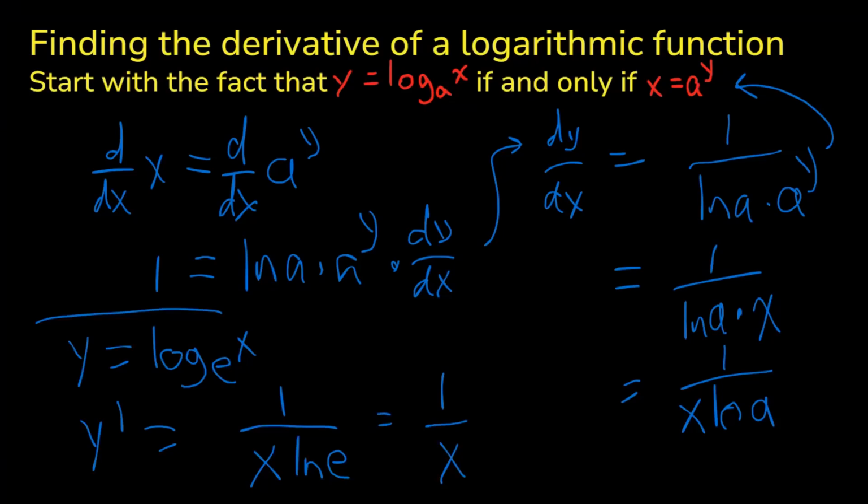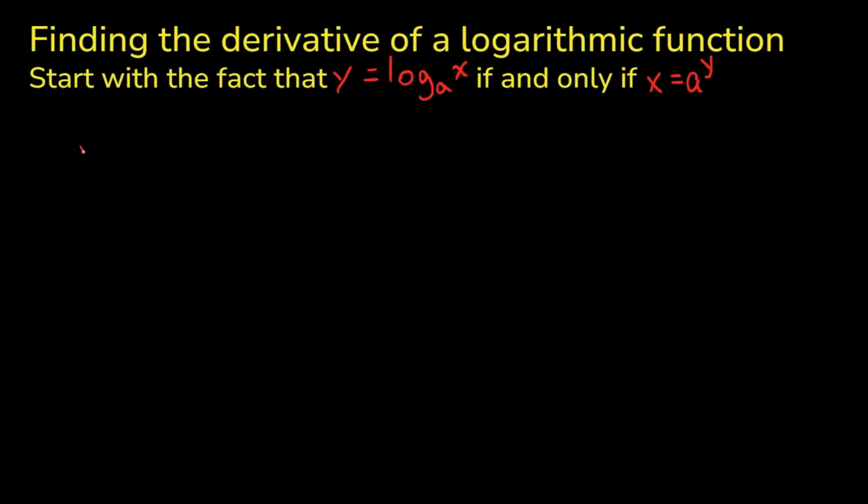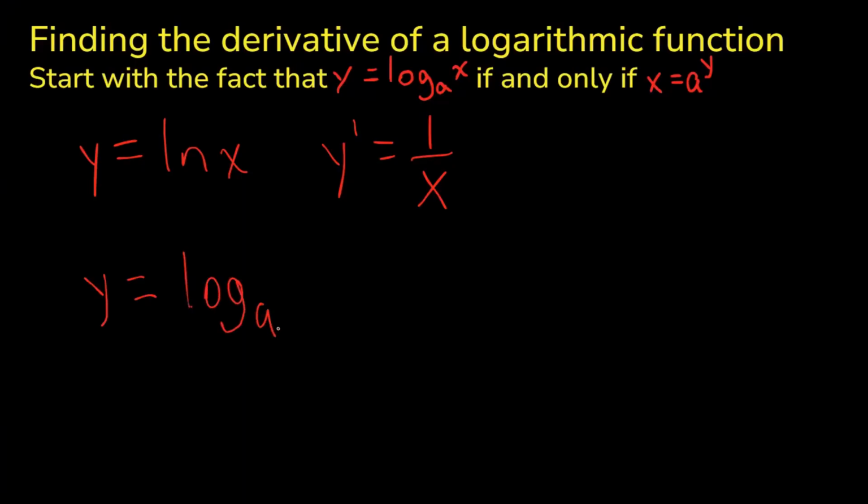And that is the rule for the derivative of natural log. At the end of the day, we know that if y equals natural log x, then y prime equals 1 over x. If y equals any other base logarithm, so log base a of x, then y prime is equal to 1 over x times the natural log of whatever the base is.